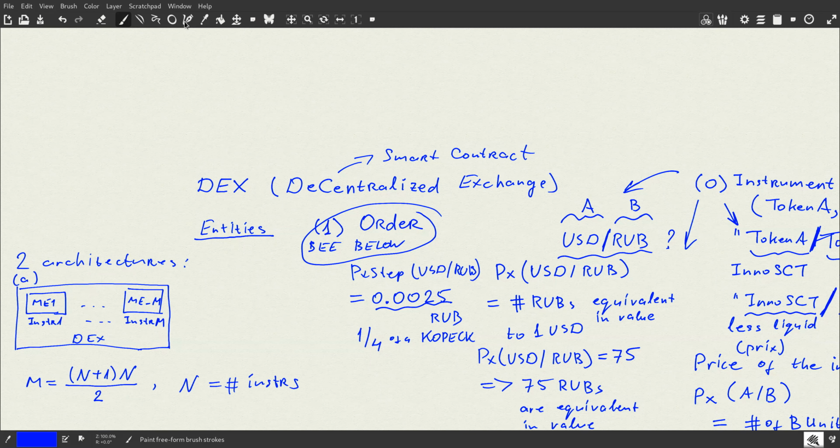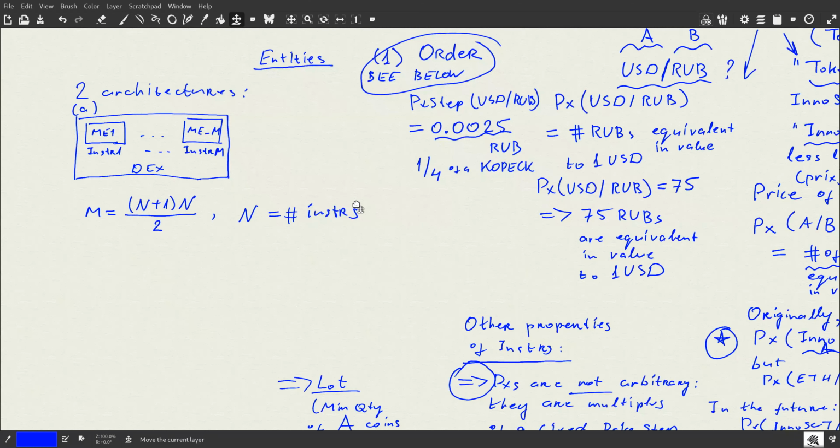And case B would be separate smart contracts, each one for a particular instrument.